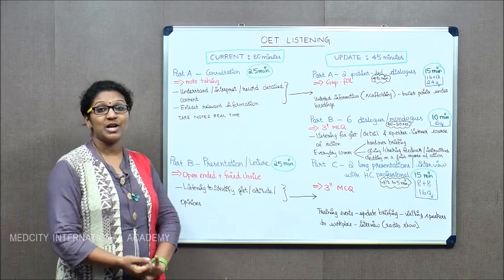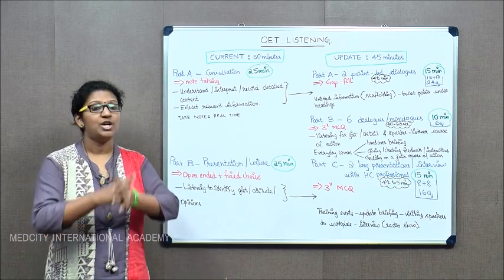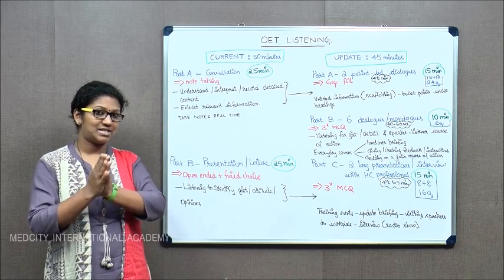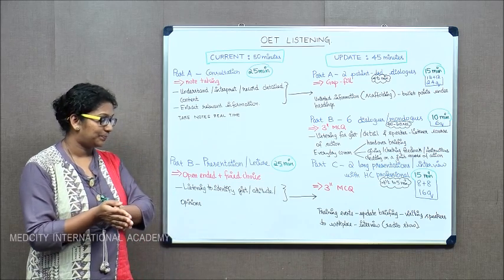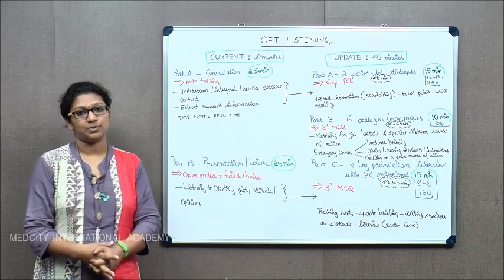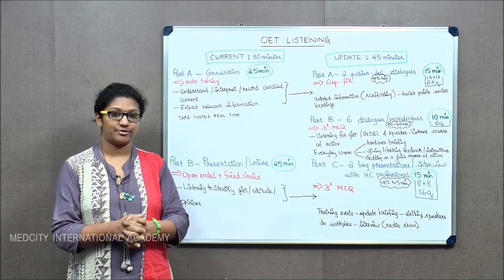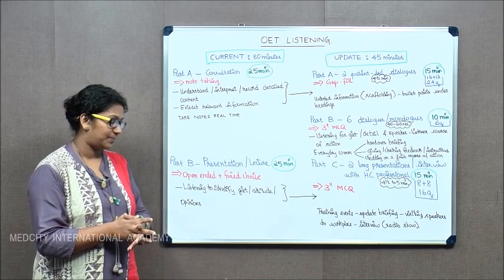And because you have 2 long presentations, you will have 8 questions each. So that will total up to 16 questions that you will need to answer in part C. And here the question type is 3-option MCQs. So there will be 3 options given to you and you have to choose one out of it. That will be the right answer.